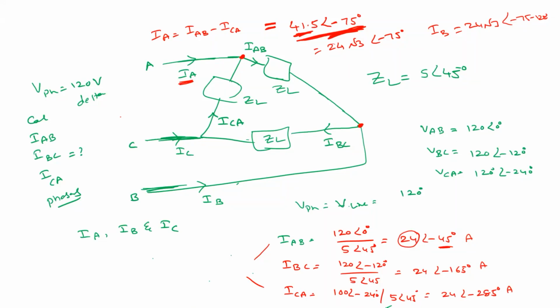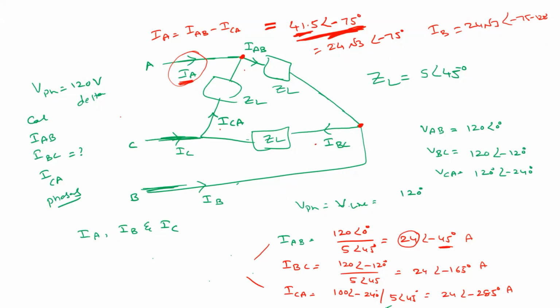Excuse me, sir. Yes? Sir, IA is the phase current, no sir? Line current in this, see the diagram here. This is the line current here. So IAB, ICA, IBC are the phase currents.